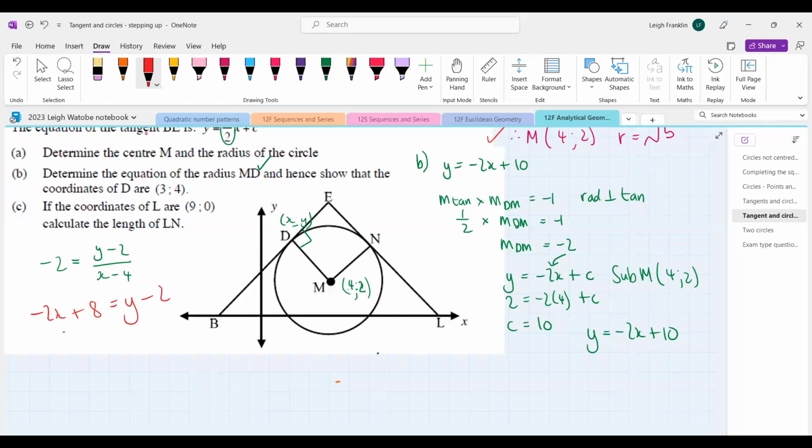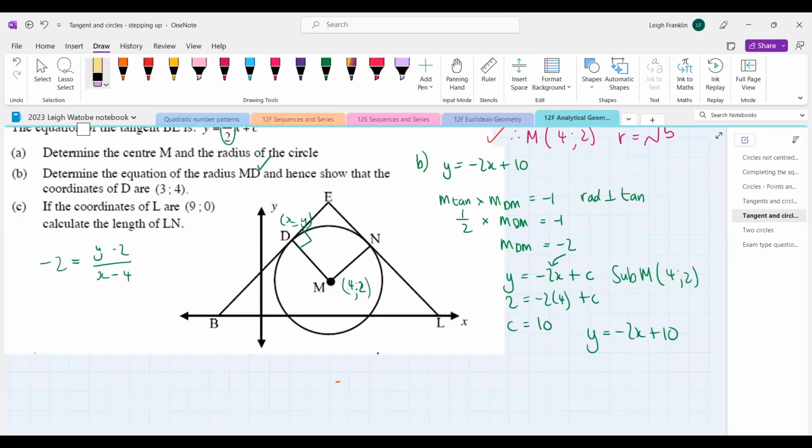And then if you take that over to that side, you're going to end up with y is equal to -2x plus 10. So the reason why this is not going to work is because you're going to end up with the same equation that you've got over here. What you would need to do is solve simultaneously.